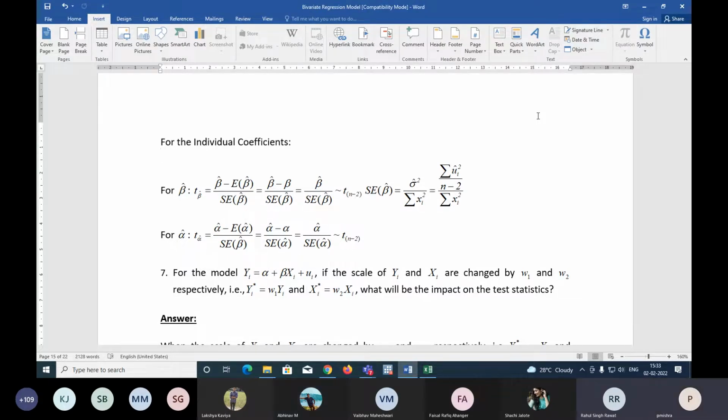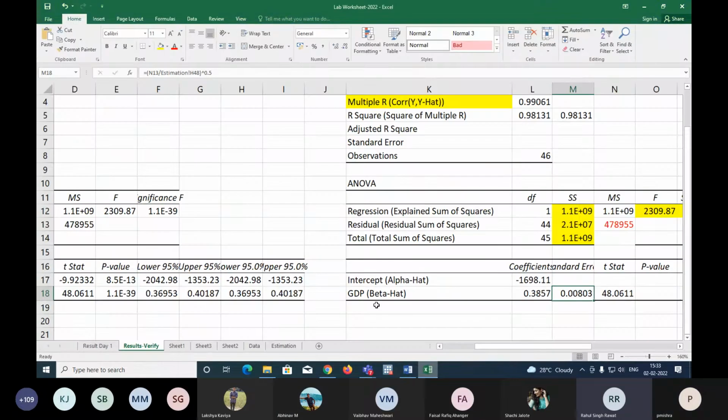Yes, I understood. So what we are doing here? This is summation of u hat i square divided by n minus 2. Isn't it?